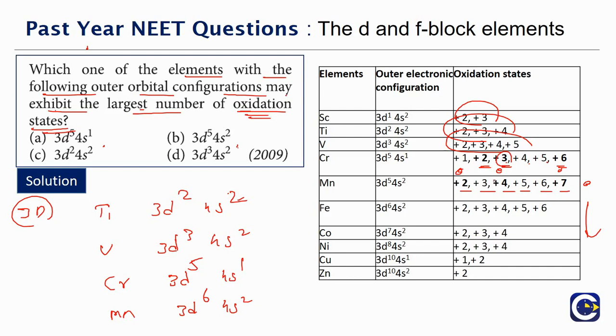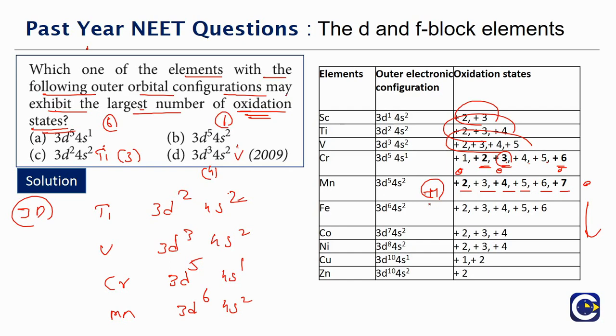Now between chromium and manganese: this is titanium, and this is vanadium. This has only 3, this has 4, and both chromium and manganese have 6. And I was mentioning the possibility of manganese having +1. There are compounds of manganese where the existence of the +1 oxidation state is also proved, but the stability of these compounds in air is a matter of question.